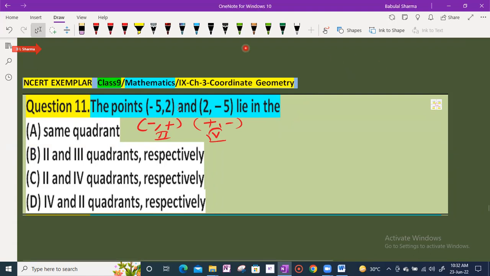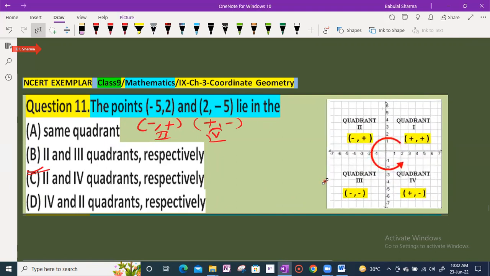So the points (-5, 2) and (2, -5) will lie in second quadrant and fourth quadrant. Here C is the correct option. Is C correct option? That is the point (-5, 2) will lie in the second quadrant and (2, -5) will lie in the fourth, you can check here.